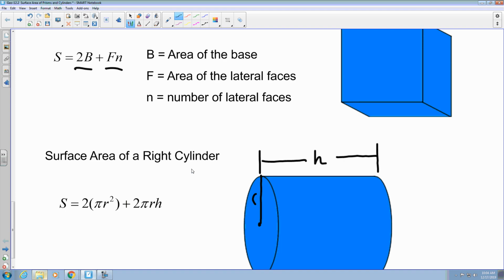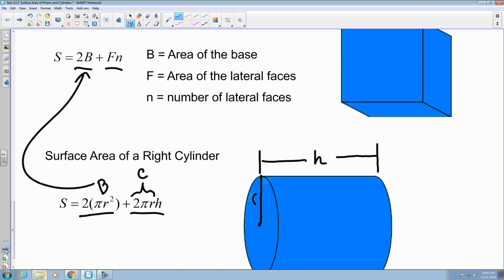If we look at the cylinder, it's going to be 2 times the area of a circle, which are the two bases, that's B like we have here. And this right here is 2 pi r, which in this case is the circumference of a circle, multiplied by its height.